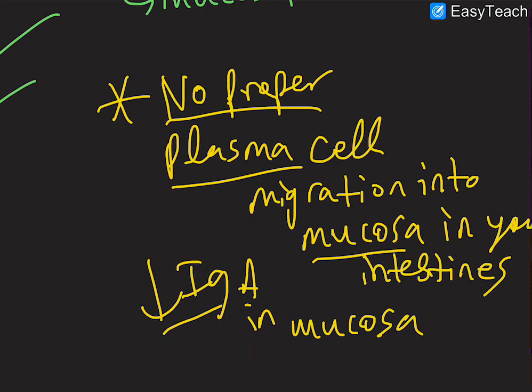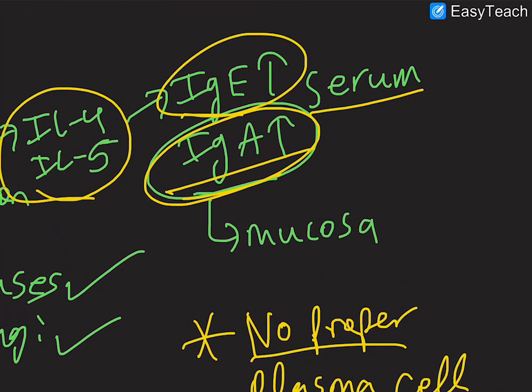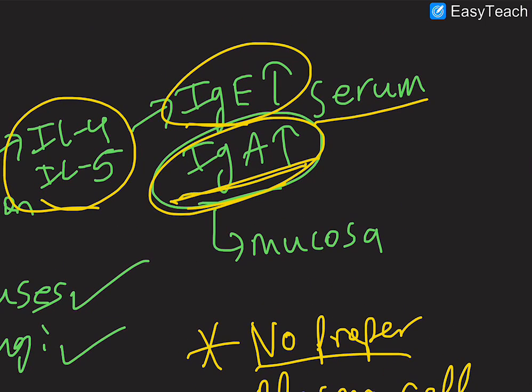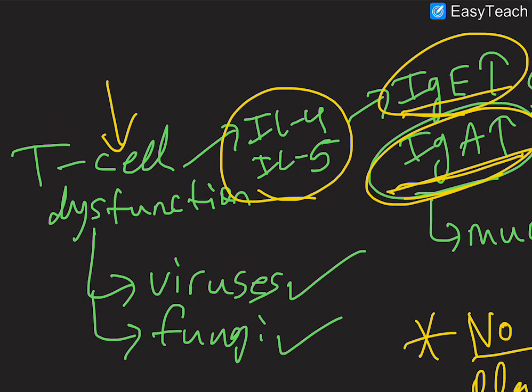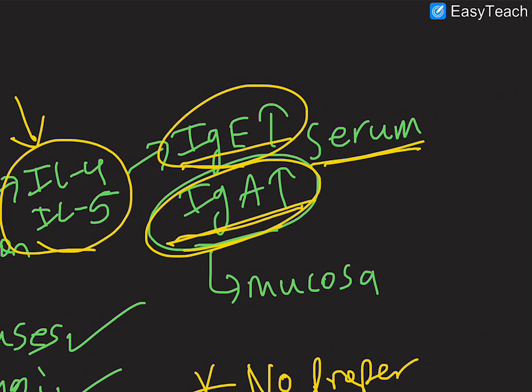So you see low IgA in your mucosa, but you may see elevated IgA in your serum along with IgE because your T cells are dysfunctional, and sometimes they tend to secrete more interleukin 4 and 5, which can elevate your antibodies such as IgA and IgE.